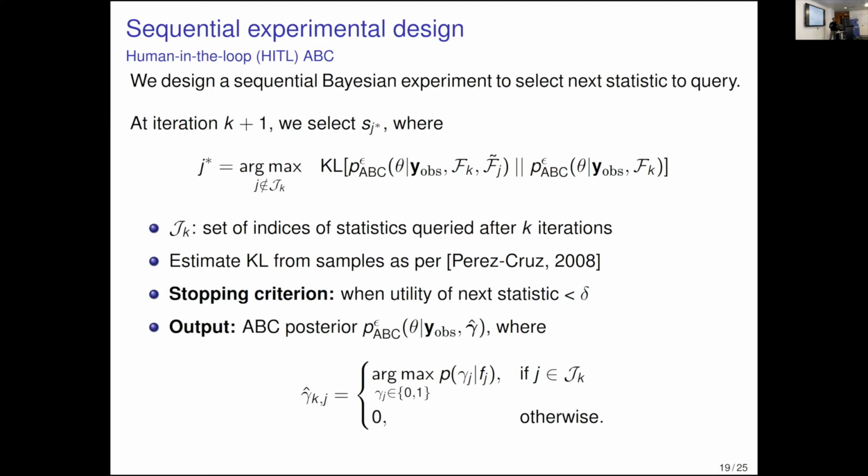Like, okay, it seems like there's no more informative statistics left. Now we can stop. So the output is basically, you have all the statistics that the expert said to include, for which the feedback came out to be 1. For those, gamma would be 1, and for the rest, it will be 0. Basically, we don't include any of those.